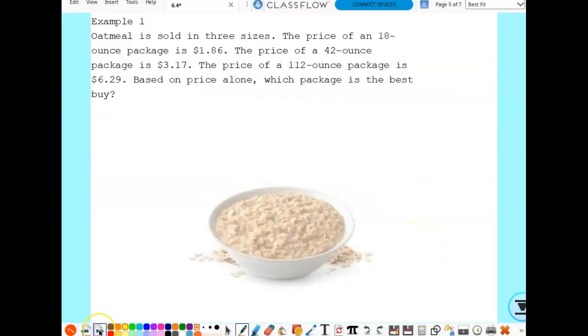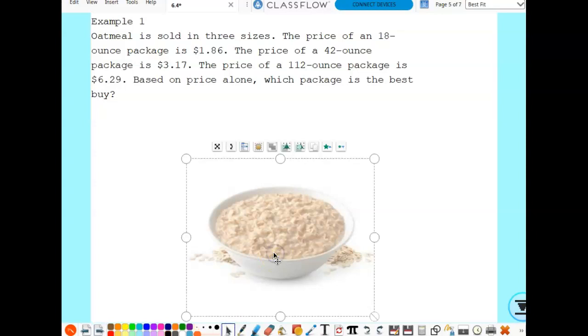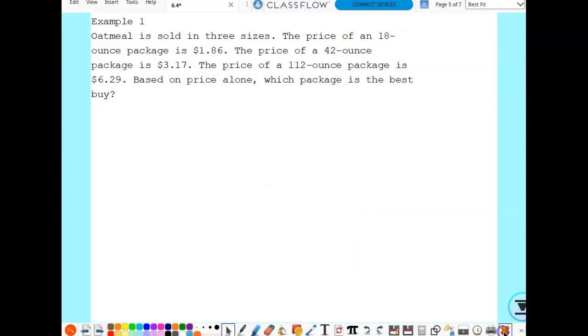So let's look at what this looks like. We've got oatmeal sold in 3 sizes: an 18-ounce package, a 42-ounce package, and a 112-ounce package. Maybe you only need it for cookies and don't need a whole big package, but we're going to see which one is the cheapest.